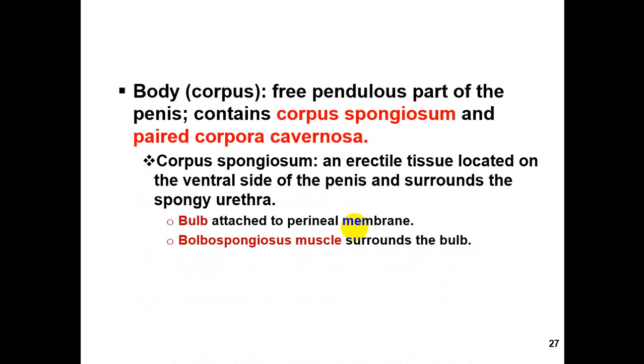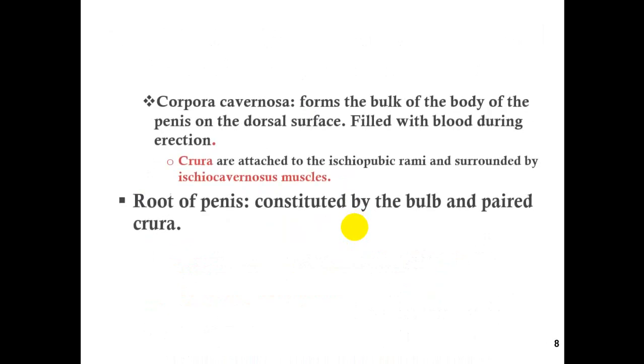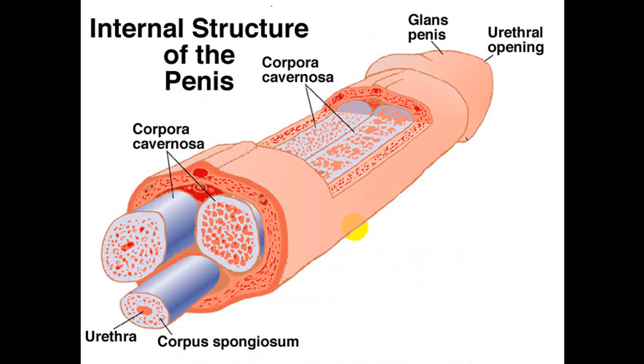Okay, so let's go to the structure of it. This is the internal structure of the penis. The penis has the glans penis, which is covered by the prepuce.